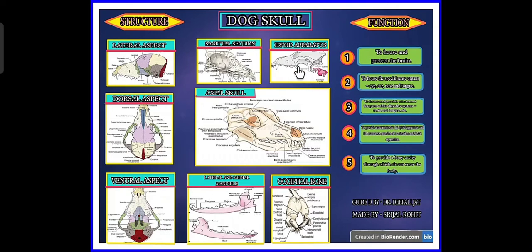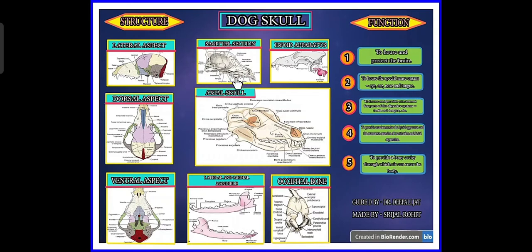Next bone is the occipital protuberance, sagittal crest. As you can see in the diagram, this is a fin-like projection on top of the dog's skull. They are more prominent in dogs with long noses, like Dobermans and collies. Generally, they are normal skull bones, not tumors.